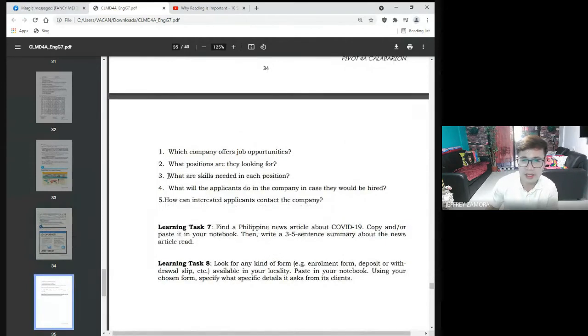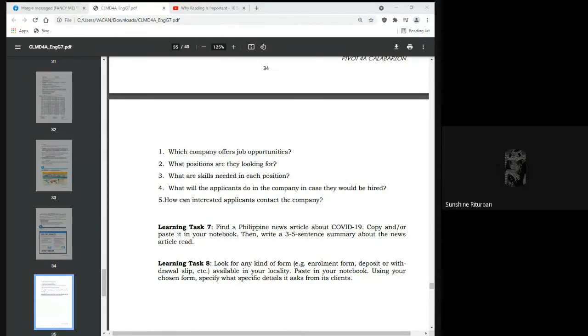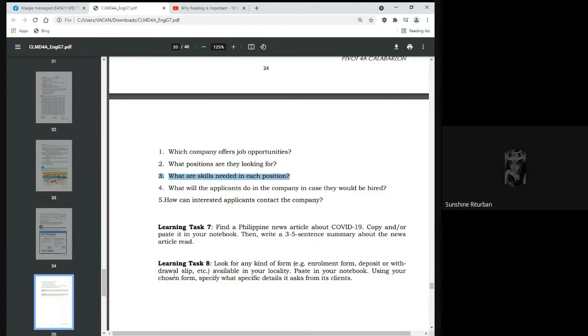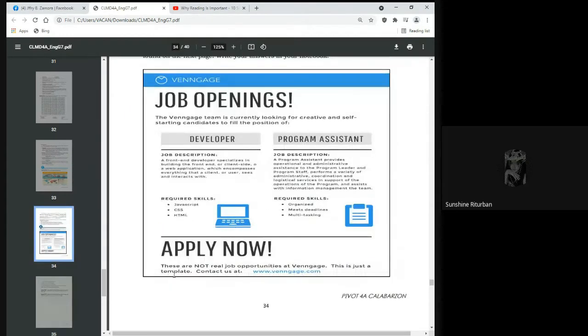Okay, number three. Yes, any other hand? Do you want to say something, Sunshine? Sunshine: The skills needed in each position are, for a developer, JavaScript, CSS, and HTML, and for a program assistant, organized, meets deadlines, and multitasking.